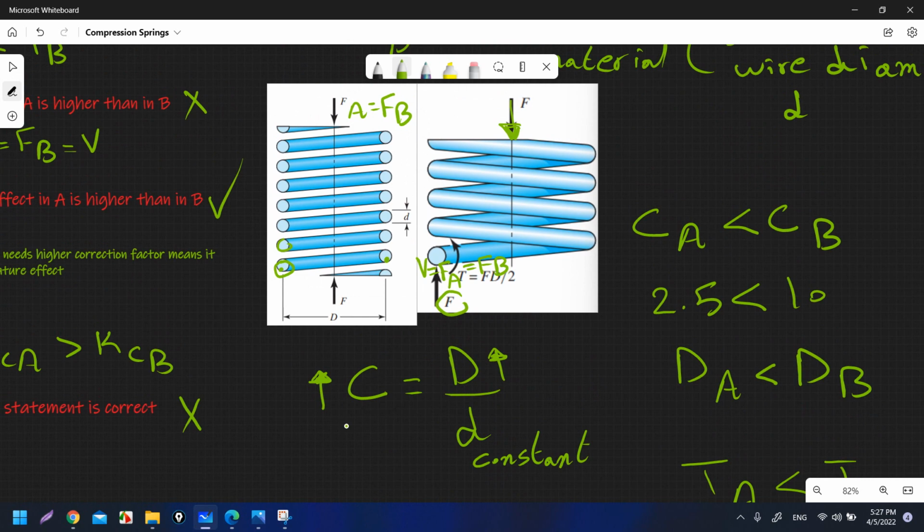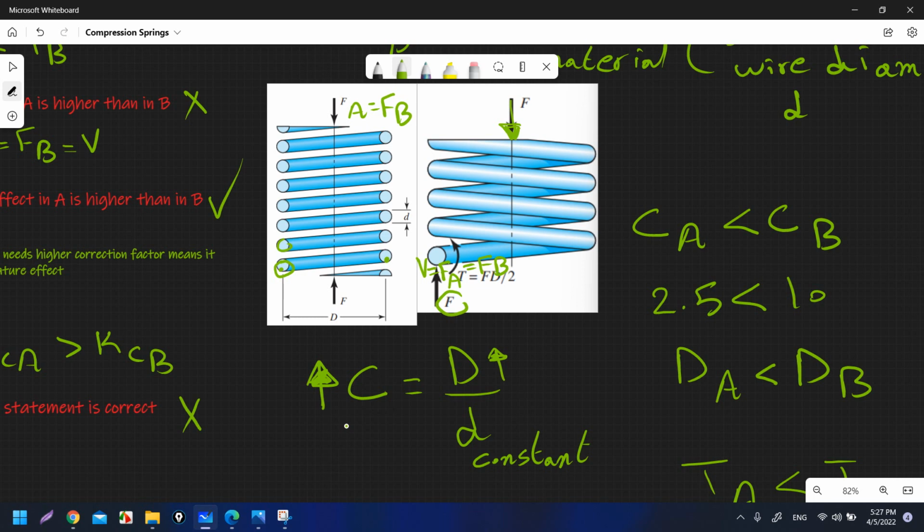If I increase the spring index C and assume that the wire diameter is constant, then the coil diameter will increase by increasing C. So Ca will be less than Cb, 2.5 is less than 10. That means Cb has a higher mean coil diameter, so Db is higher than Da.